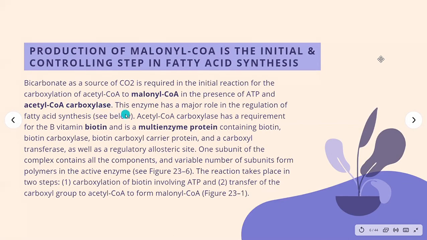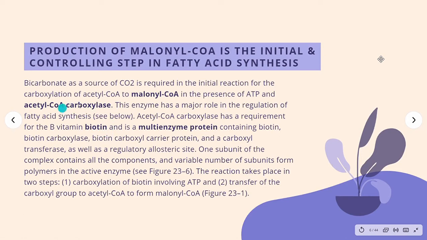Okay. This enzyme has a major role in regulation of fatty acid synthesis. And acetyl-CoA carboxylase has a requirement for a vitamin B complex member, biotin.